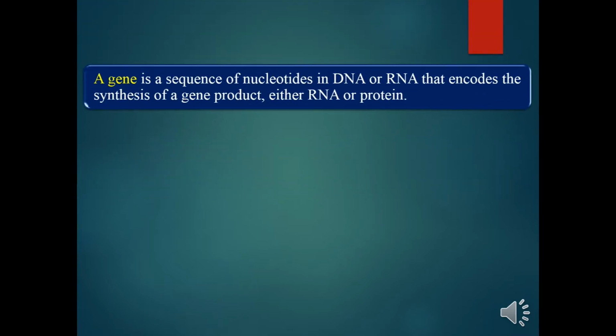Dear students, you have idea about gene. You know, gene is the part of DNA. What is DNA? DNA is a hereditary material found in the chromosome of nucleus of cell of organism.